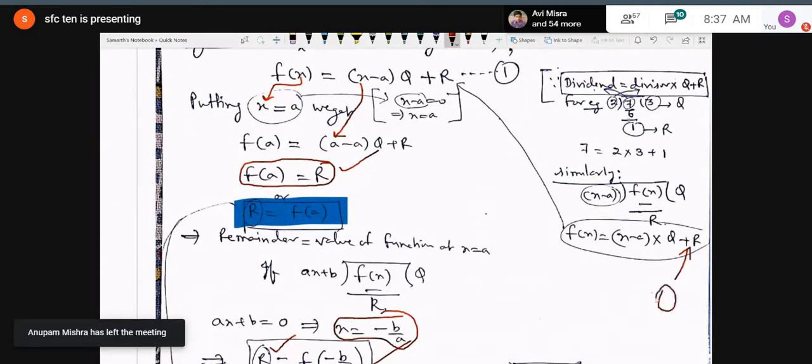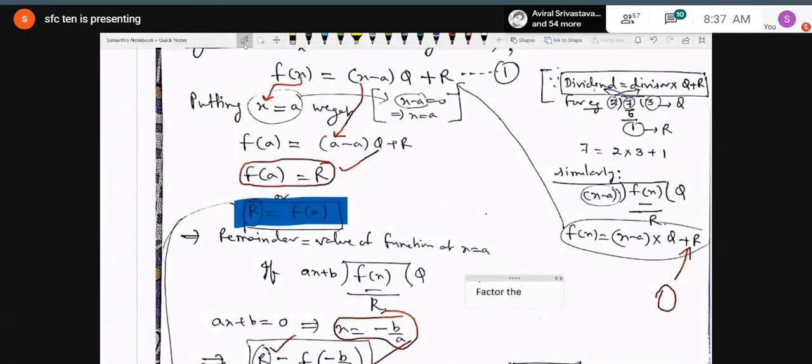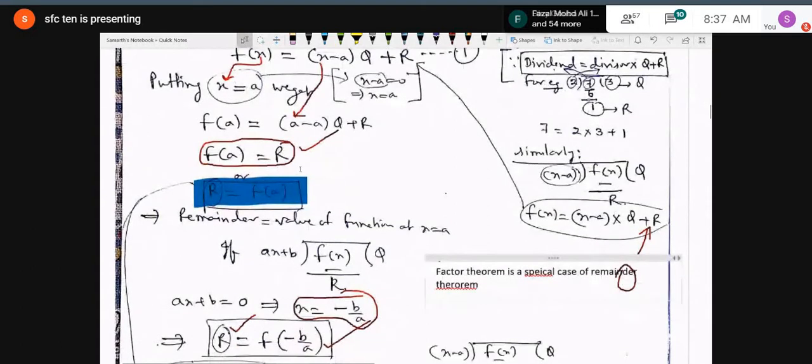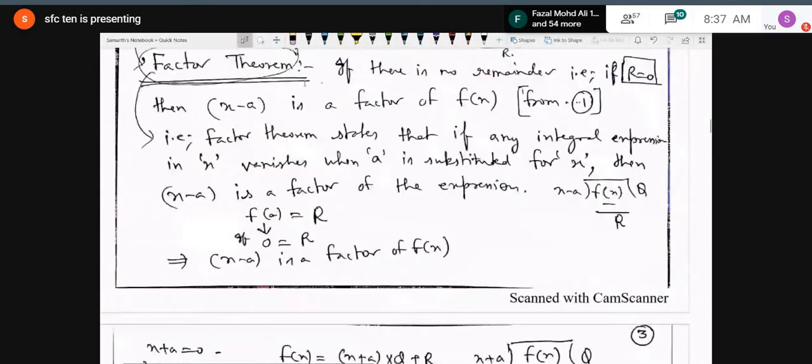The factor theorem states that if any rational integral function in x vanishes, means it becomes 0, when a is substituted for x, then x minus a is a factor of the expression. That is because the remainder was the value of the function at x is equal to a, and if the value of the function at a is equal to 0, you have replaced x with a and got the remainder as 0, then we can say that x minus a is a factor of f(x).